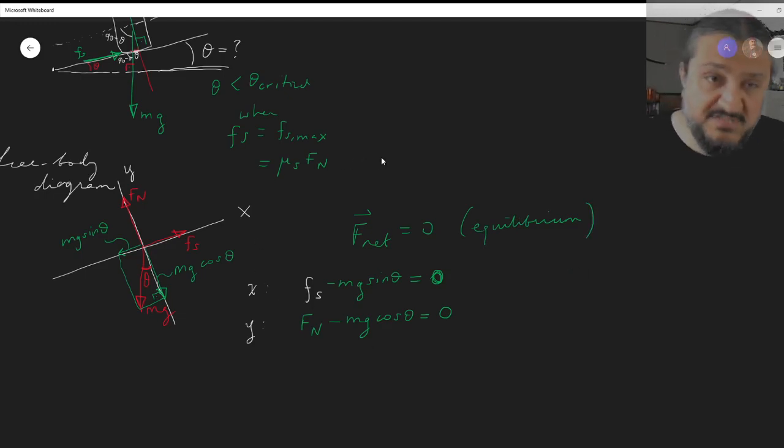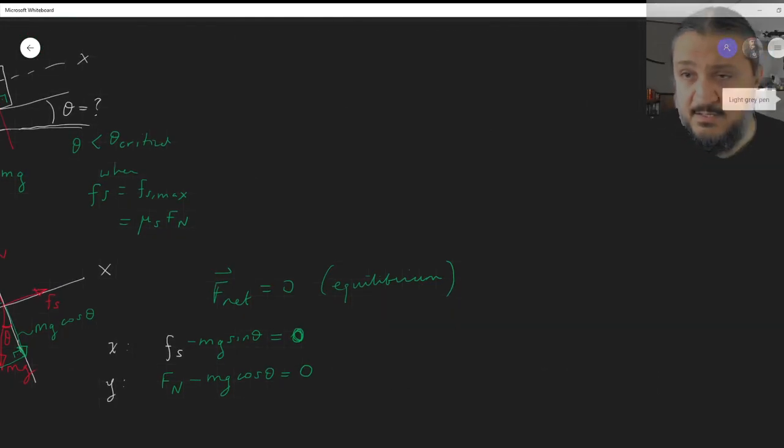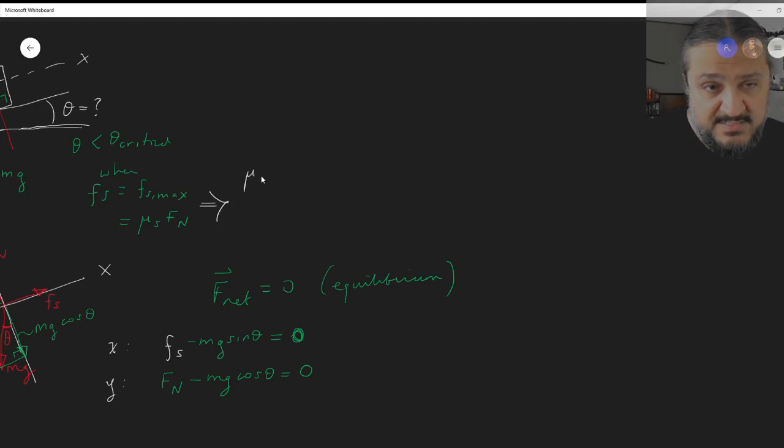But when we impose this condition over this, if that's the case, then we can say Fs is this number. So mu s times Fn, minus mg sine of that critical angle, let's call it theta c, critical, equals 0.